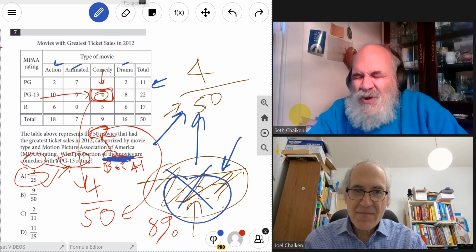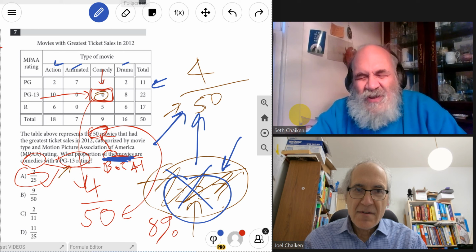I'm trying to recall the vocabulary that's used in the subject. I'll tell you what it is. This is not a marginal distribution.